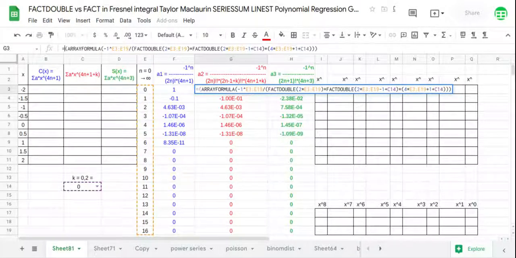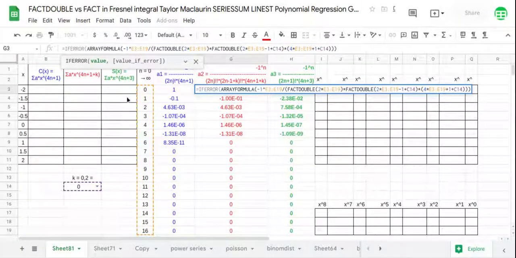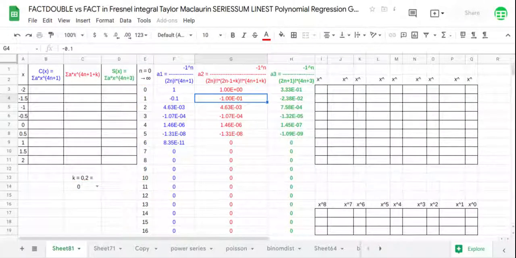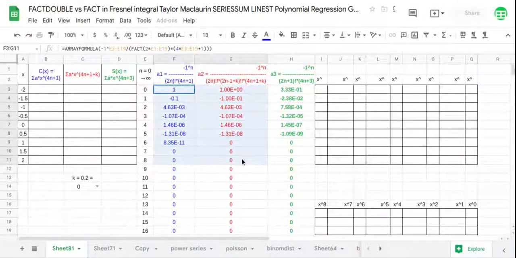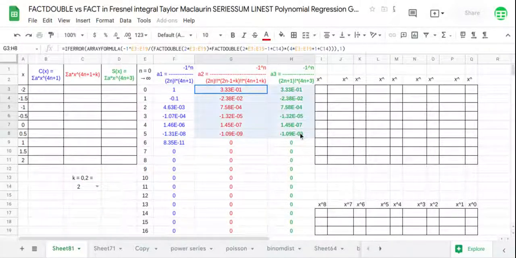So if error, 1, otherwise calculate. Now it's corrected, so they're the same. They're exactly the same. If k equals 2, they're exactly the same.